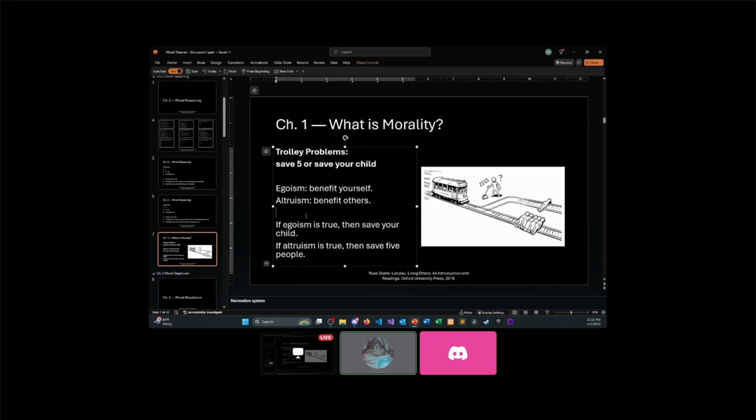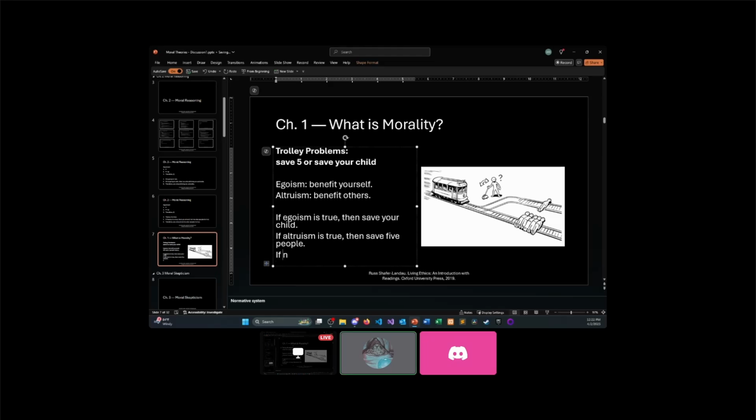So you can replace this, or add another one for every single theory. If natural law theory is true, then dot dot dot, whatever natural law theory will tell you.